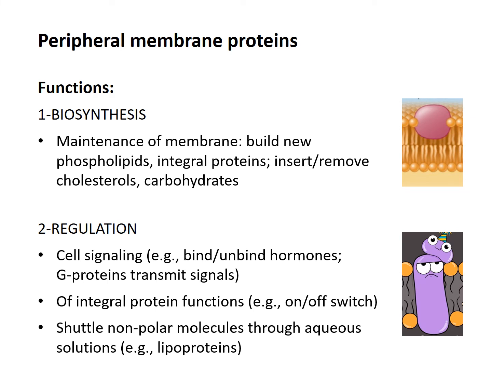Peripheral membrane proteins also play an important role, like tugboats shuttling around non-polar molecules through aqueous solution. So think of a big hydrophobic molecule, like a lipid maybe, and if it wants to come into the cell and then travel to some destination somewhere else in the cell, it comes through customs at the transport protein.